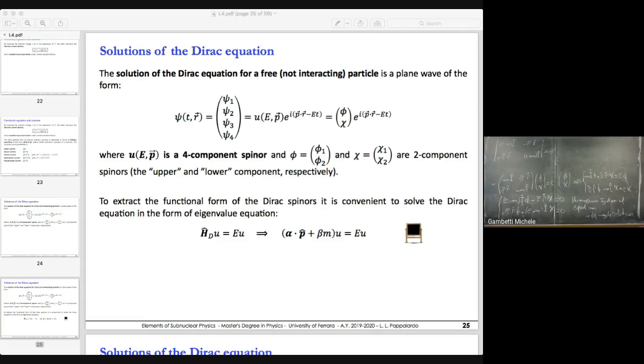So let's calculate this determinant. We are going to have E minus m times E plus m I squared, and then we have the other diagonal, which is minus sigma dot p, sigma dot p, equal to 0.